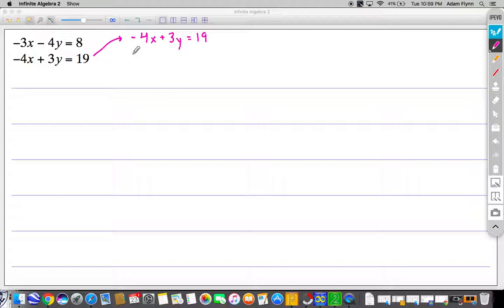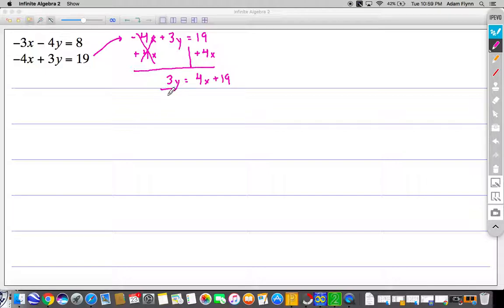We solve for this y, we can add 4x to both sides. Again, it does not matter which variable you choose. You will get the same answer, or should get the same answer. So negative 4x plus 4x cancels, so we get 3y equals 4x plus 19.